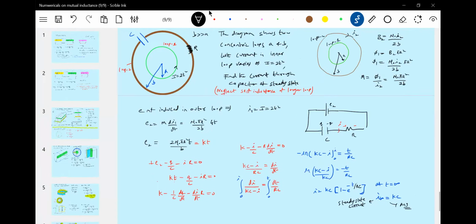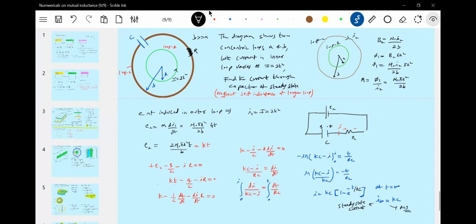The more troublesome one is this, because for the current flowing here, how to calculate the flux linking the outer loop? I think you'll land in big trouble. Since the idea of mutual inductance, you bring it. Let's assume that a current is flowing in the outer loop, and then we'll calculate the flux linking the inner loop. Then the flux linking the inner loop per current in the outer loop will give the mutual inductance.